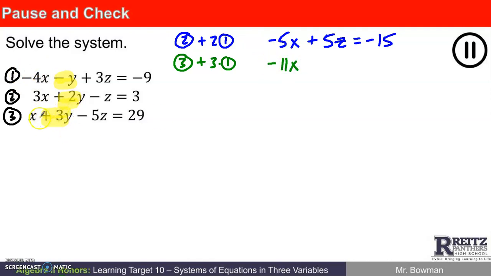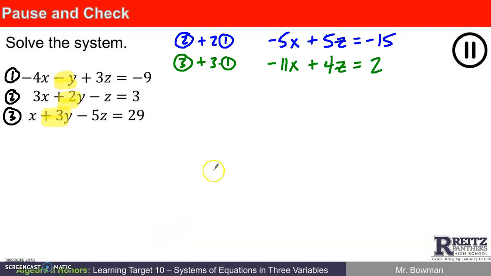Just to check it out, this plus 3 of these would make 0, good. This plus 3 of these would make plus 4z. And then this plus 3 of these would be negative 27, would just give me 2. And now I can solve this system for x and z.